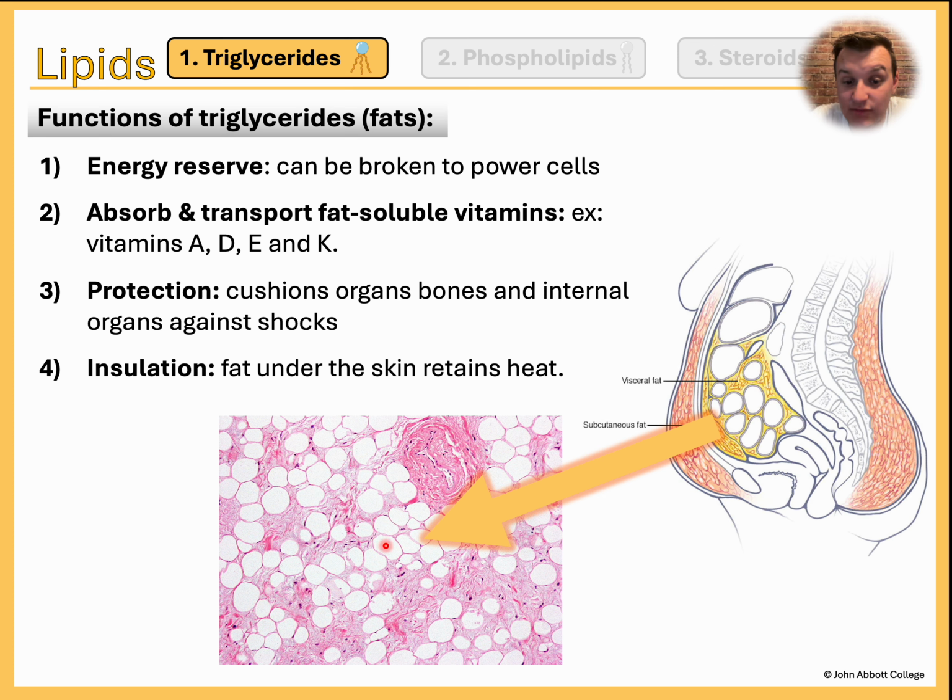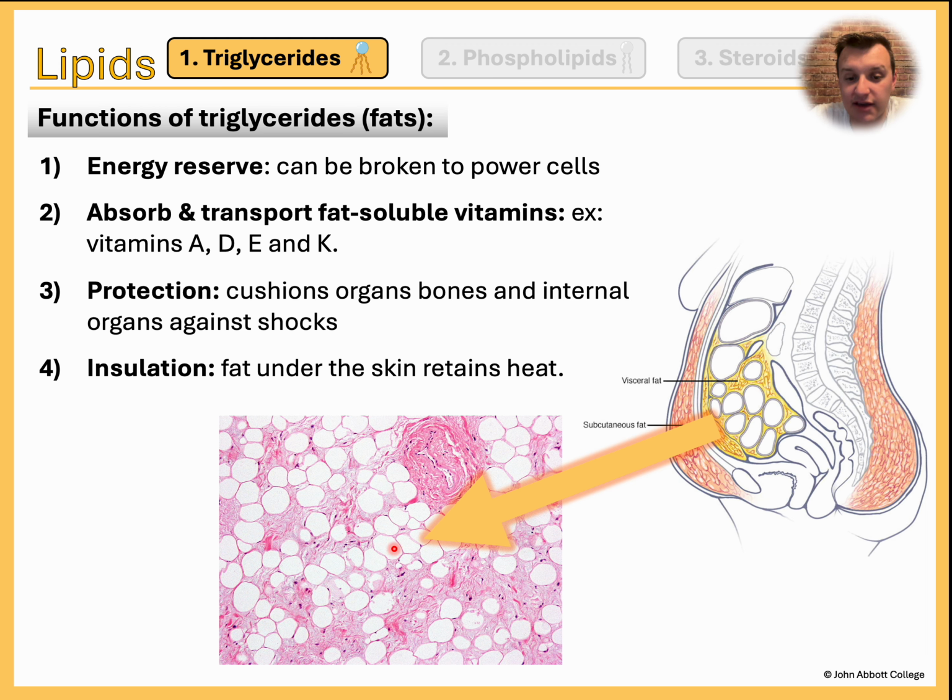So when you see these white pockets, it's not because there's nothing there. It's because the dyes didn't bind to that, right? The water-loving dye did not bind to that area. So this is not just air, this is full of fat. These white pockets are actually adipocytes full of fat. It's just that the dye didn't bind there. You could use other dyes and actually stain it well.